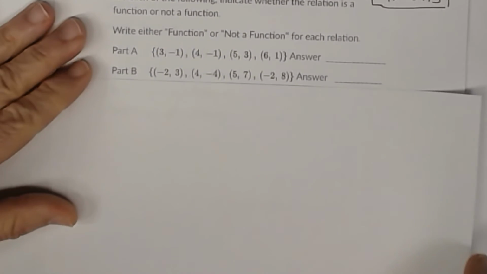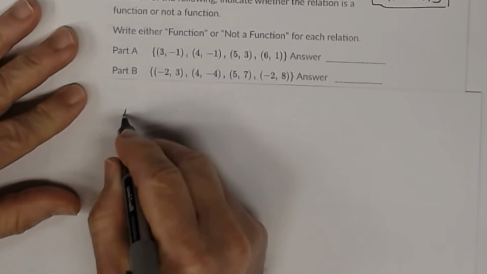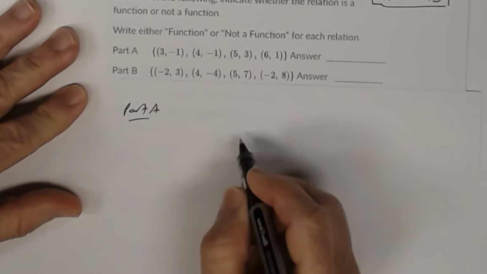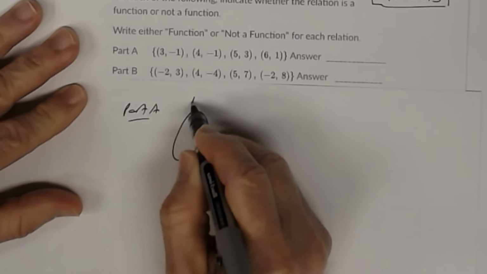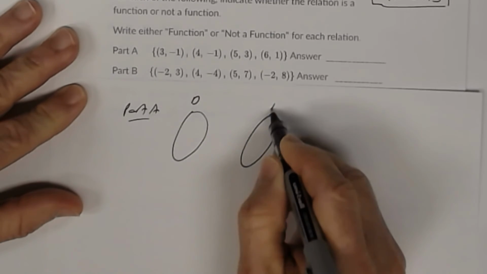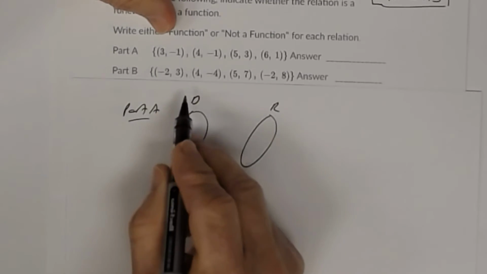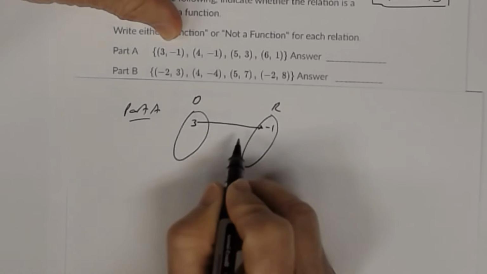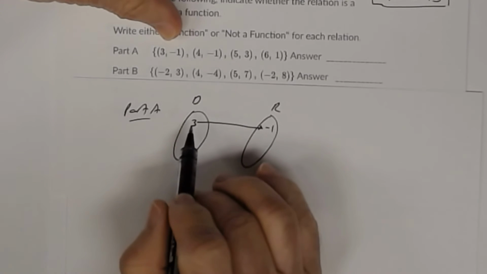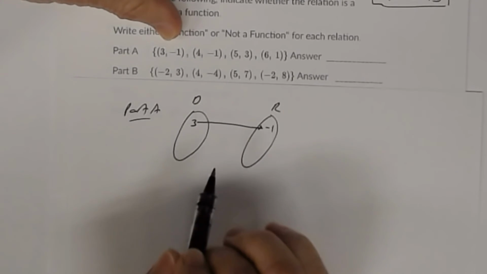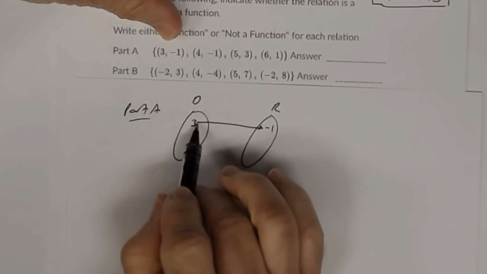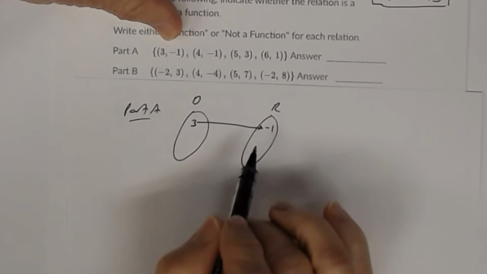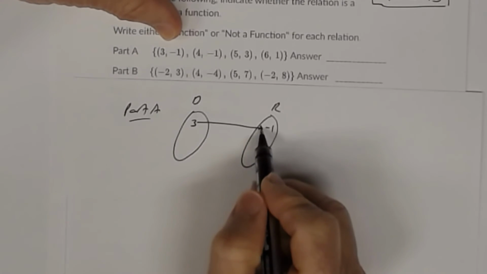And so basically this will be part A. So in part A, if you think of this as a mapping, so there's your domain, there's your range. And so when x is 3, your y value is negative 1. So remember, the definition of a function is that for each x coordinate, there's got to be just one y coordinate. And so far we do. When x is 3, there's only one y coordinate attached to it.